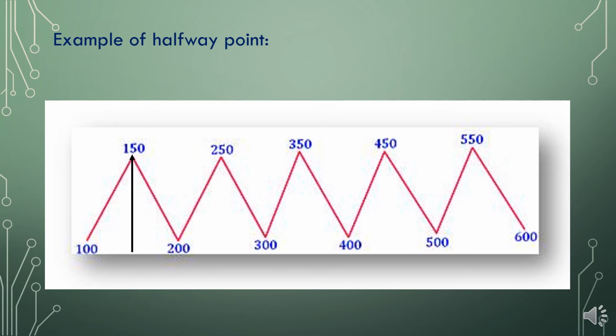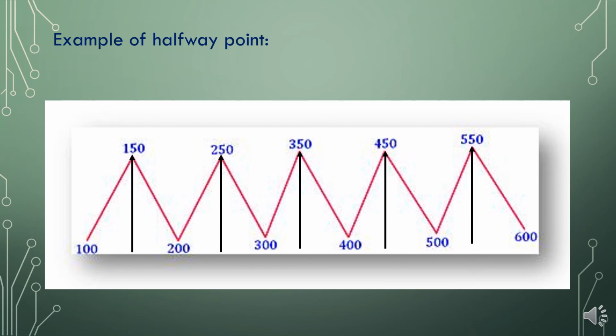So 150 is the halfway point of 100 and 200. The same as 250 is between 200 and 300. So 250 is the halfway point of 200 and 300. The same as with 350, 450, and 550.